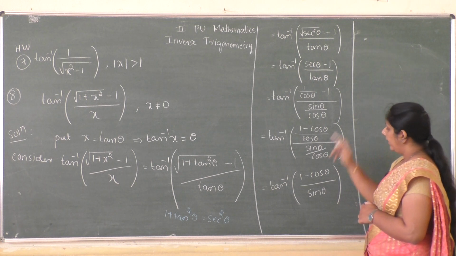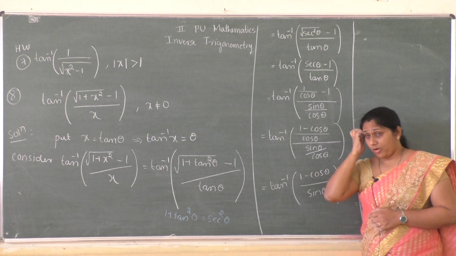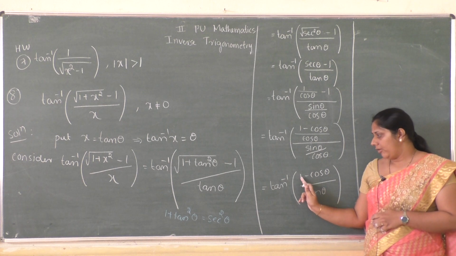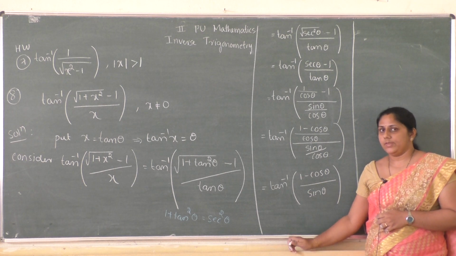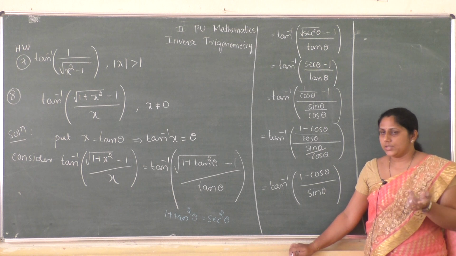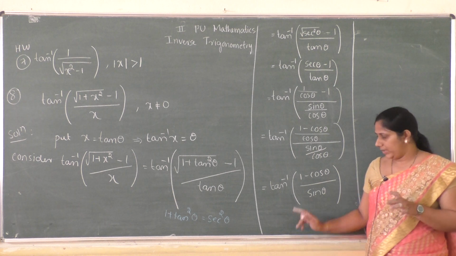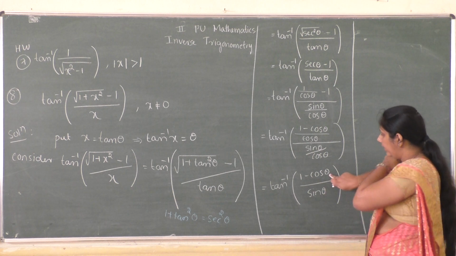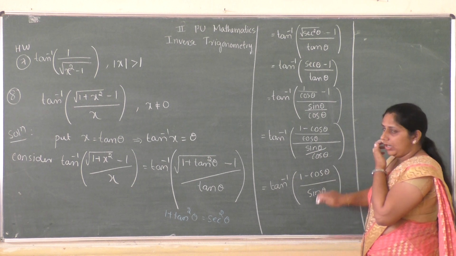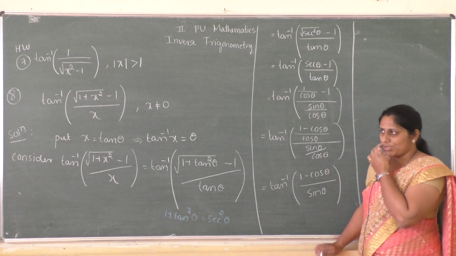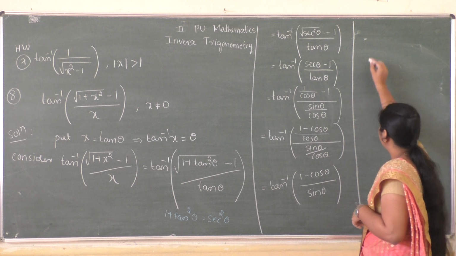Now already we wrote one formula for an earlier problem, 1 minus cos x. What is 1 minus cos x? It is 2 sin square x by 2, right? So here we have theta. So 1 minus cos theta is 2 sin square theta by 2.